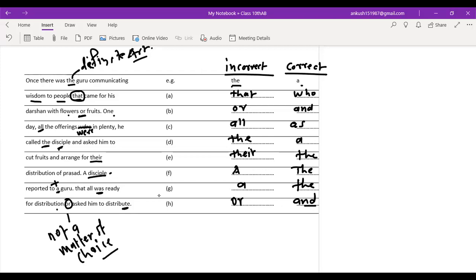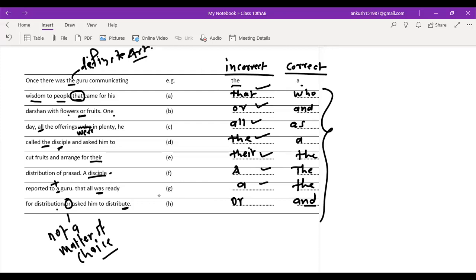Have you got it? Now, how many things are included over here in the correction or error finding? Can you tell me? Yes, the linking words are written. The alternate things are written. Quantity, article, pronoun.